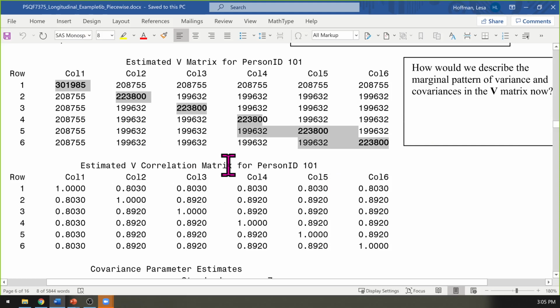Why is that? From session 2 to 6, it looks like compound symmetry. Why is the question. Any guesses?